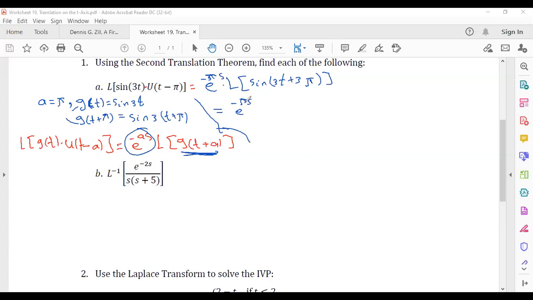Cancel out 2 pi, so you have only pi. The sine of an angle plus pi is negative of the sine of the angle. So it is negative here, Laplace of sine 3t. My cheat sheet says that I have the following for the sine: 3 divided by s squared plus 9. Is it clear?